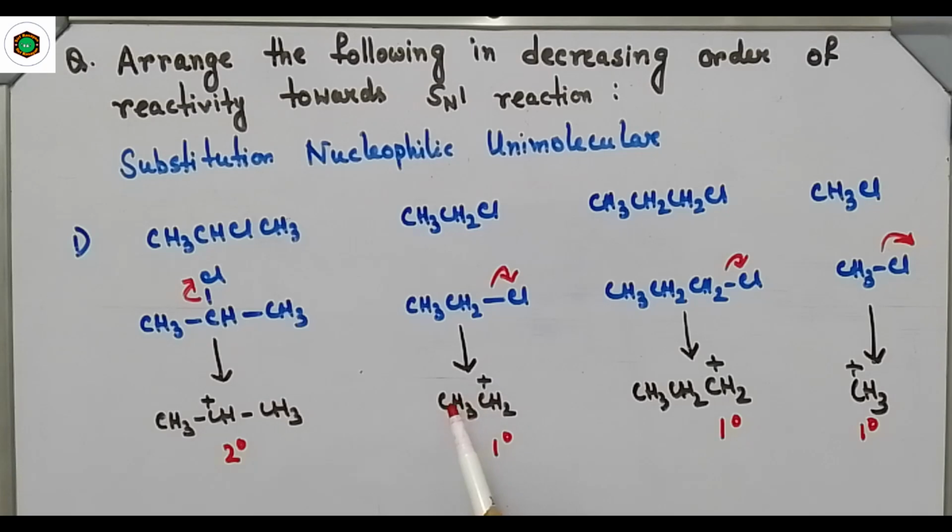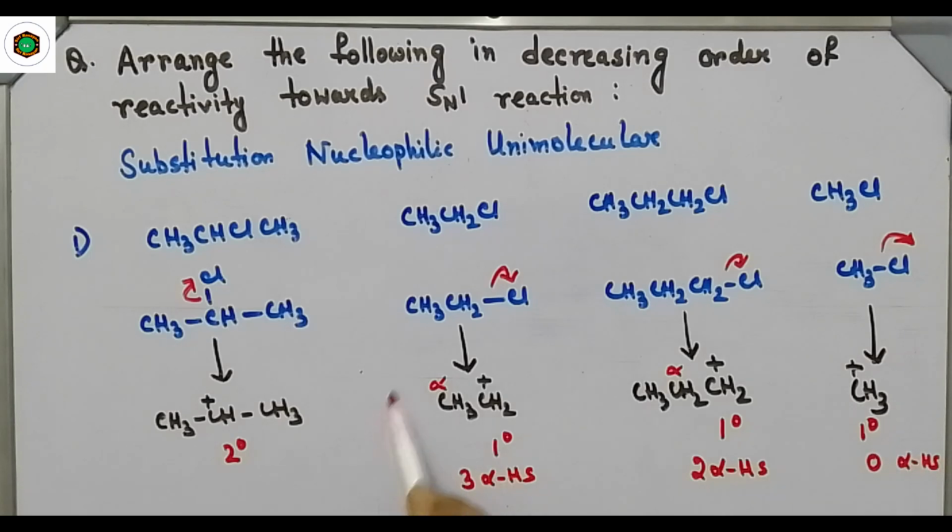Adjacent to this carbocation, this carbon atom is alpha, this carbon atom is alpha. Here no alpha carbon atom is present. With the alpha carbon, alpha hydrogens are attached. So here how many alpha hydrogens are there? 3 alpha hydrogens. Here 2 alpha hydrogens. And here 0 alpha hydrogens.